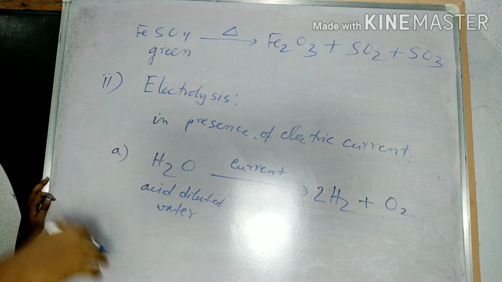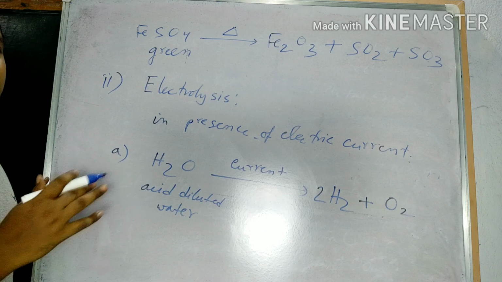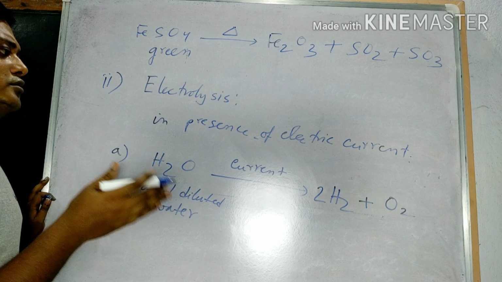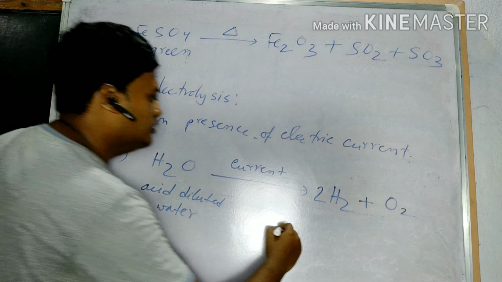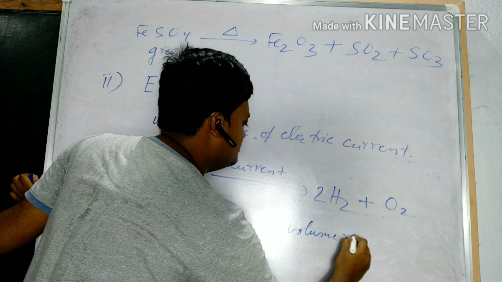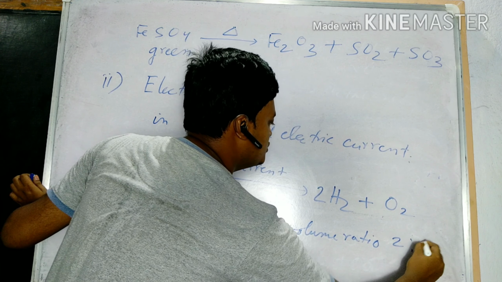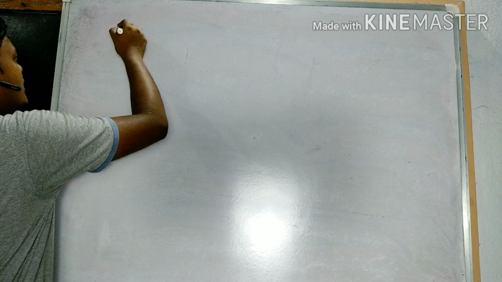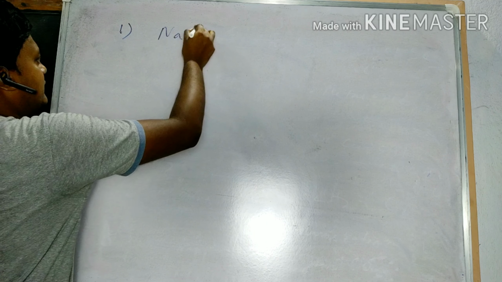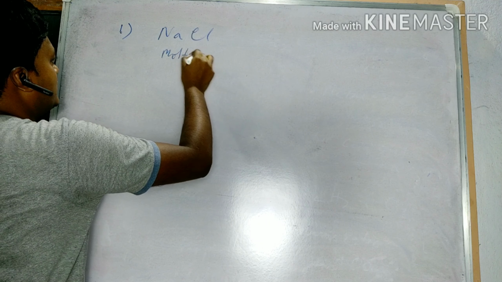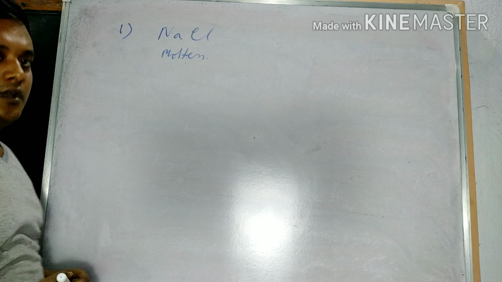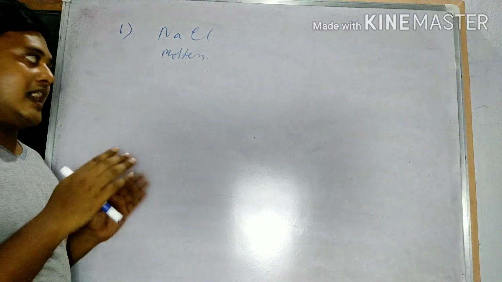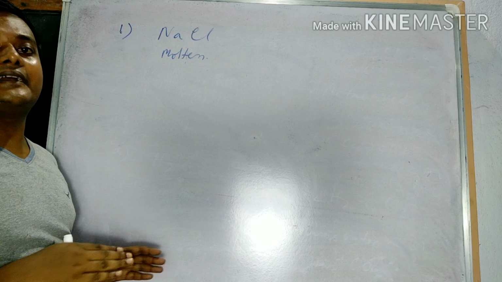Why? Cation moves to cathode and anion moves to anode. So in the cathode we will get hydrogen and in the anode we will get oxygen. And that volume ratio is 2:1, hydrogen to oxygen, 2:1. Electrolysis of NaCl, molten NaCl. Because electrolytes conduct electricity only under aqueous condition or in molten condition.